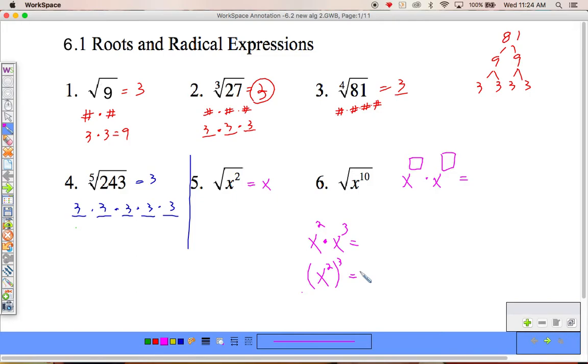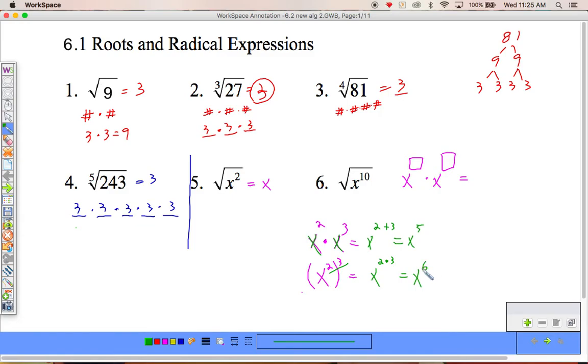We need to recognize that when you have the same base multiplied together, you add. When you have a power raised to a power, you multiply.